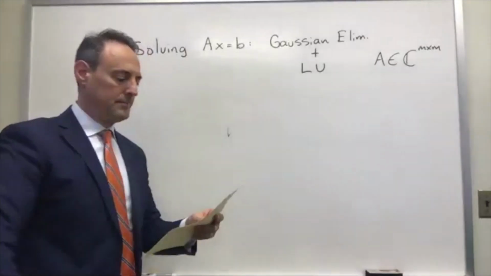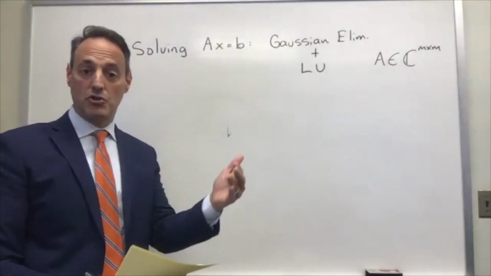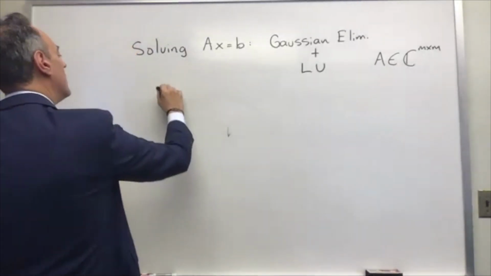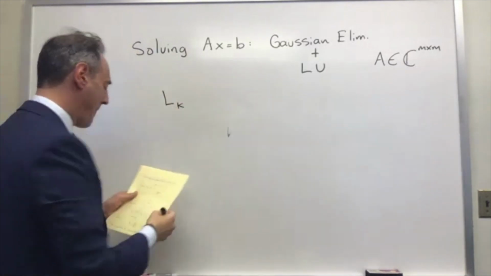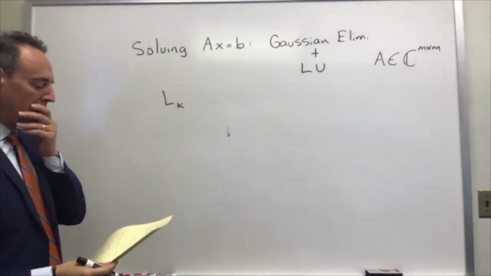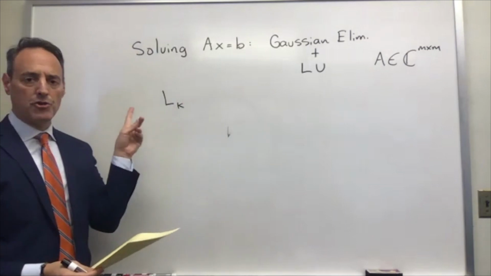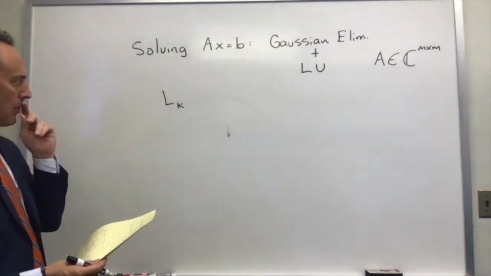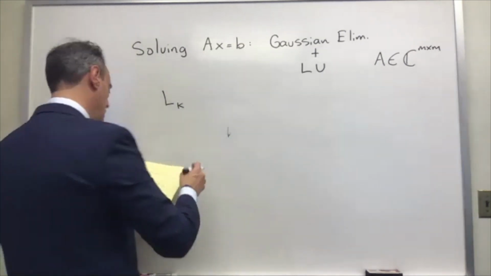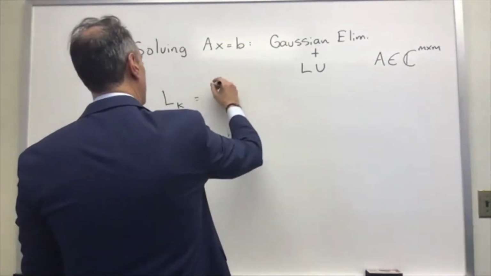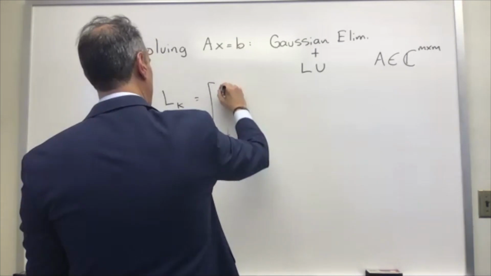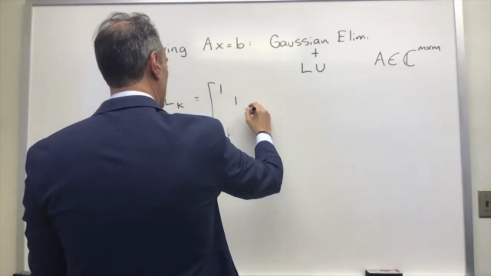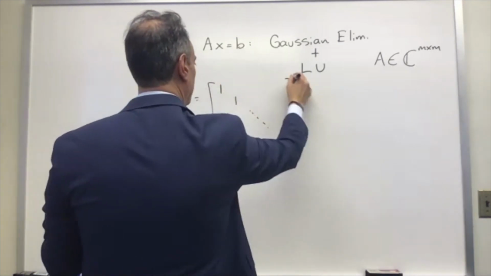Okay. So here we go. I want to construct L_k. Now I'm going to constrain the look of L_k. In fact, what I want L_k to look like is something like this. Ones on the diagonal.